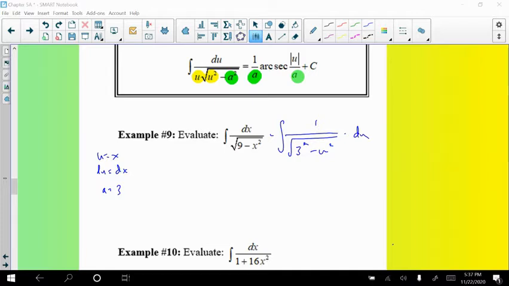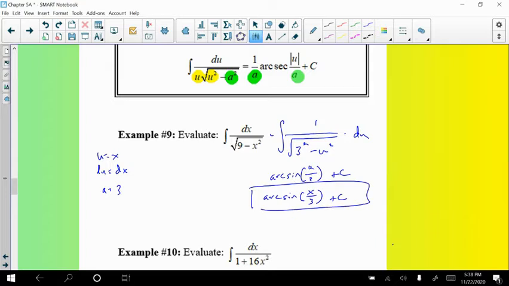The antiderivative doesn't have 1 over a, it's just going to be arcsine of u over a, so 3, plus c, and in this case u is x. So arcsine of x over 3 plus c.